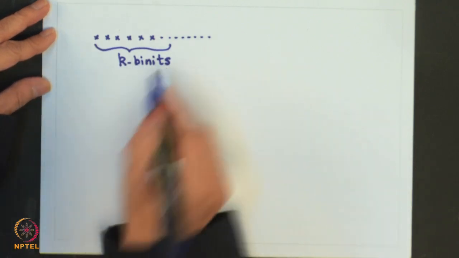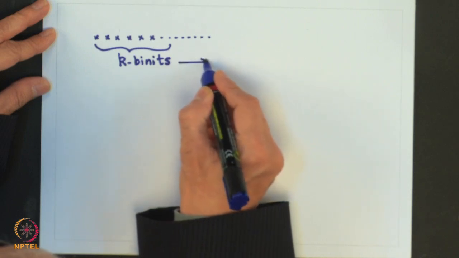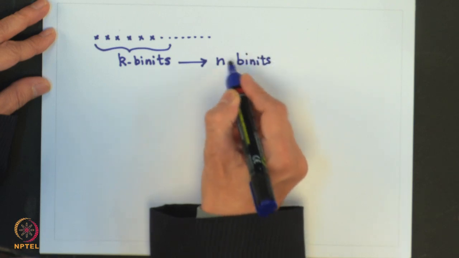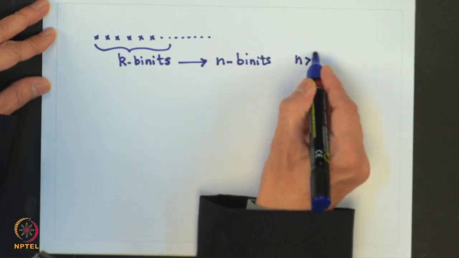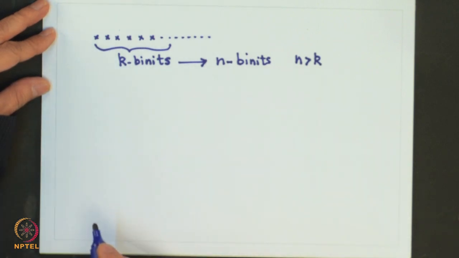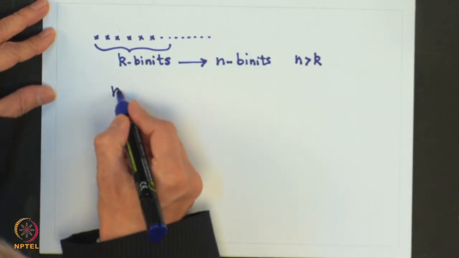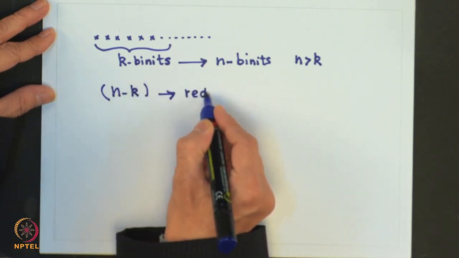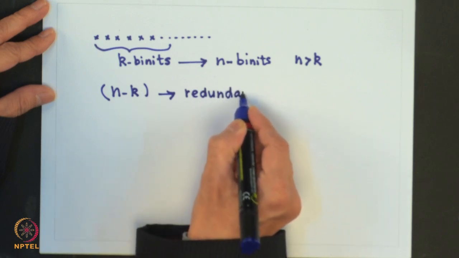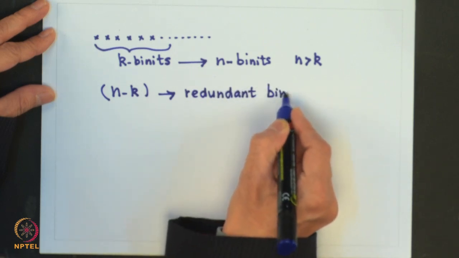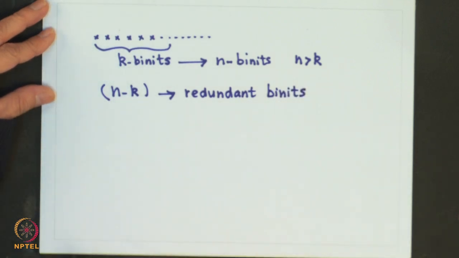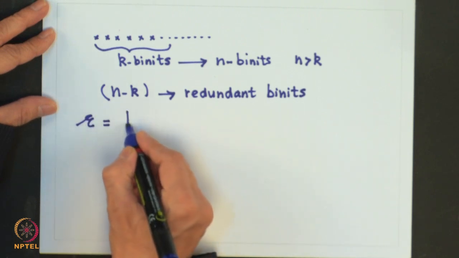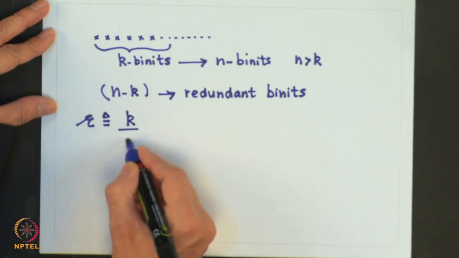So, it takes k bits and maps them to n bits, where n is greater than or equal to k. And then we have n minus k bits as redundant. We also define one parameter, known as code rate. R is equal to, by definition, k by n.